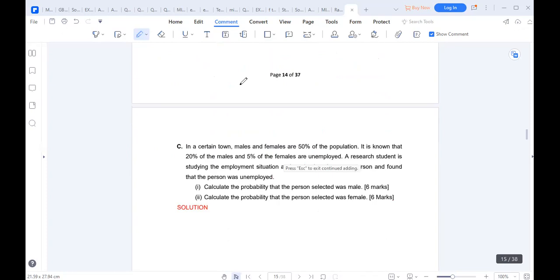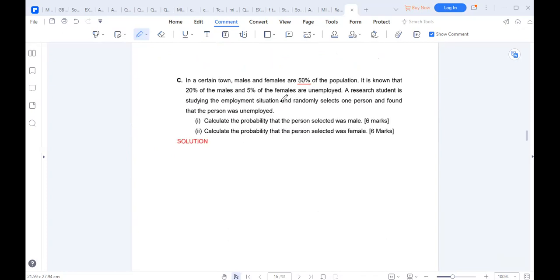Okay. So in a certain town, we have 50% males and 50% females. So we have our gender: males are 50%, and the females are 50%. Probability. We are told that of those that are males, 20% are unemployed.